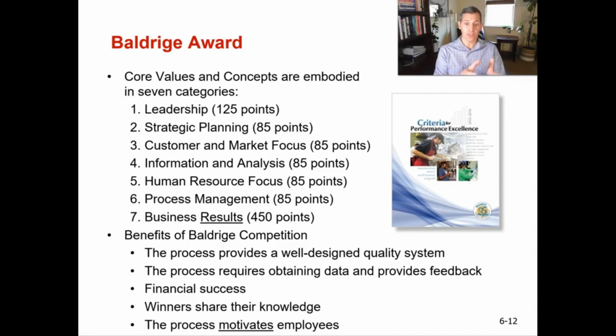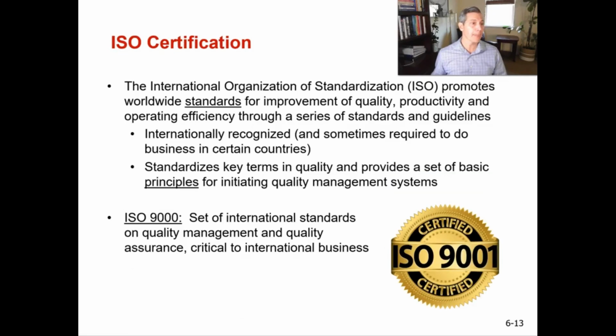For Sharp Healthcare, their result is a high-quality service to their patients. For a manufacturing facility, it might be zero defects, it might be really high-quality products, whatever it may be. Every organization in those different categories is judged on the same point scale, but the results might vary on what they deem quality to be. So that's the Malcolm Baldrige National Quality Award.